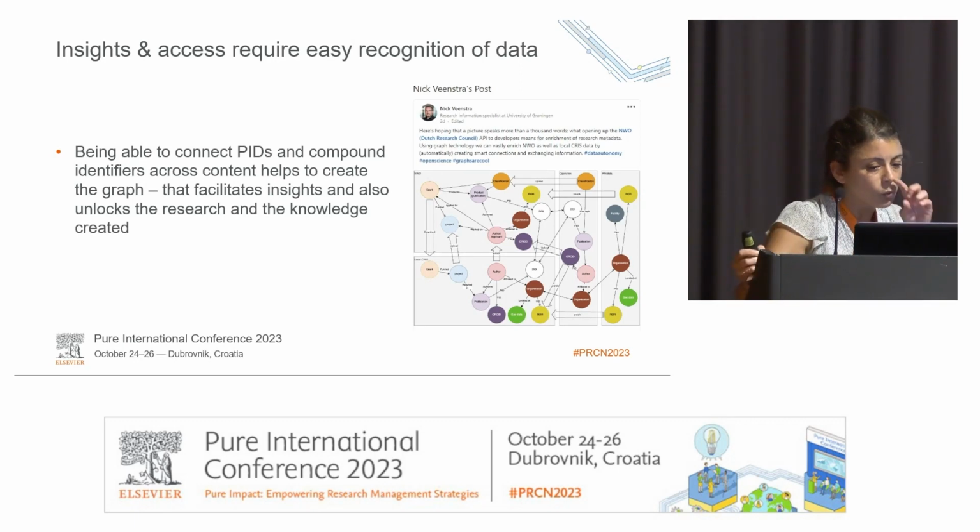So what Nick did was he took different databases and different repositories, for example OpenAIRE, the NWO, the Dutch knowledge base, and others. And then he looked at different outputs and different fields in these outputs, for example organizations, persons, or outputs itself.